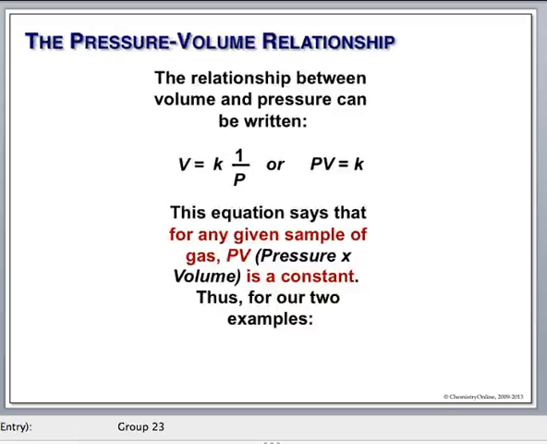Now we'll do a lab on that on Wednesday. A very, very simple lab. All you do is squeeze a syringe and take about 6 measurements.